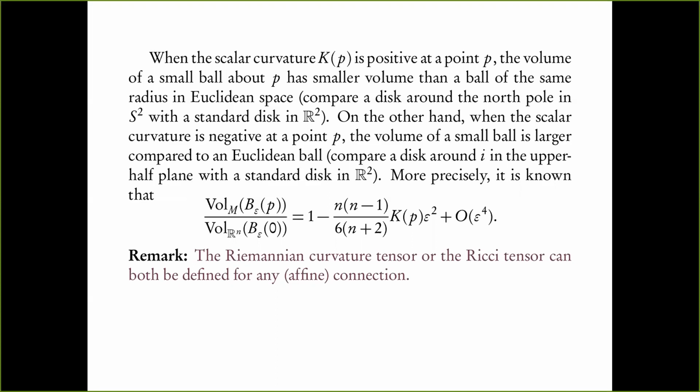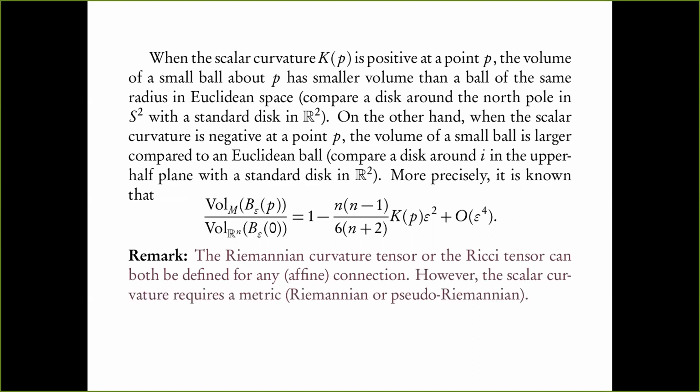But the basic properties and the definitions of the Ricci tensor and the curvature tensor can be done for any connection. However, the key difference is that the scalar curvature requires a metric, because it really requires an inner product. The inner product needs to be non-degenerate. It could be Riemannian or pseudo-Riemannian. Lorentzian is perfectly fine, but it requires a metric. The other two things do not require a metric. Just make this distinction in your mind.